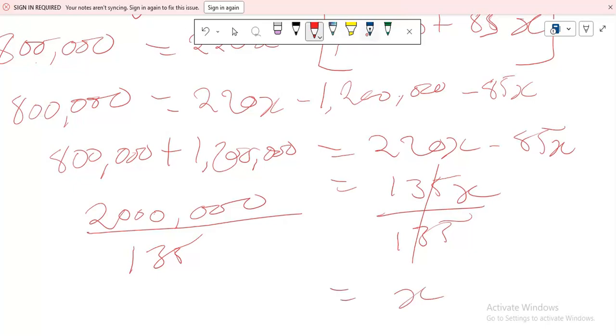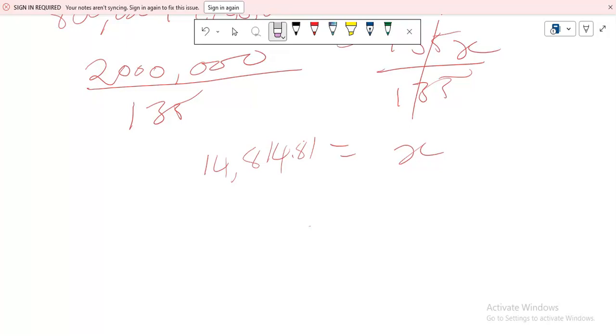X is therefore going to be 14,814.81. So therefore, X is going to be 14,815.